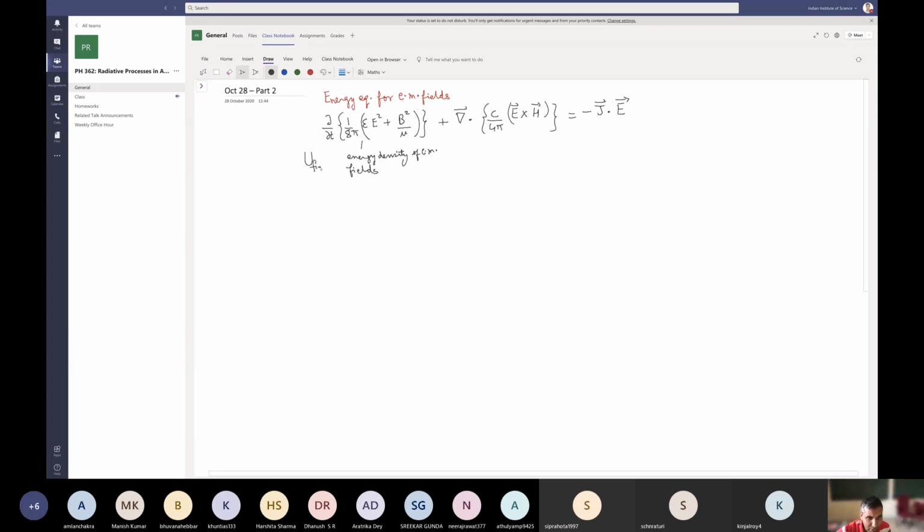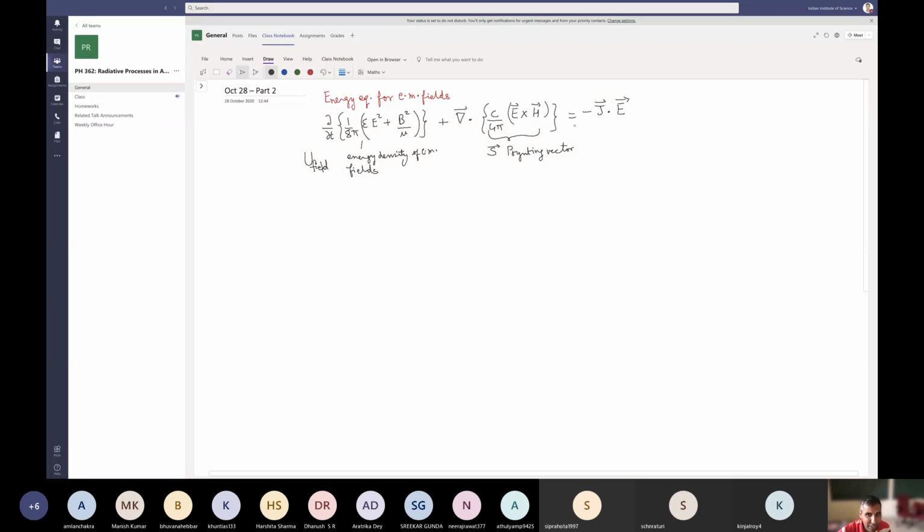If you recall, I used U mech for the mechanical energy density of the particles. This is the energy density stored in fields. Okay, and this is S, or the Poynting vector, which is the flux of electromagnetic energy, like energy per unit area per unit time crossing some surface.